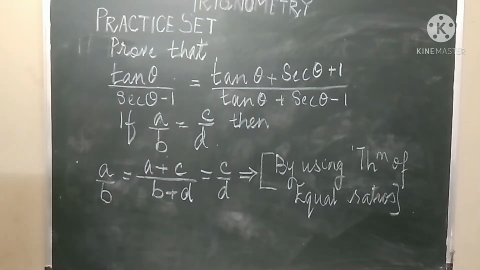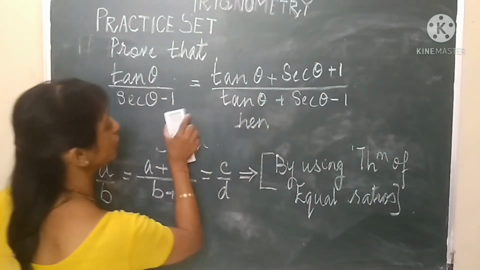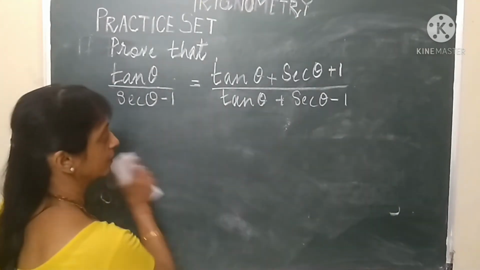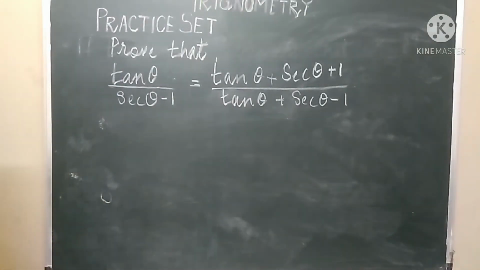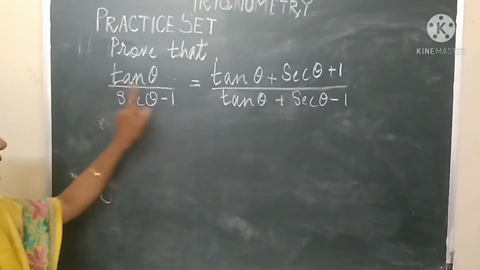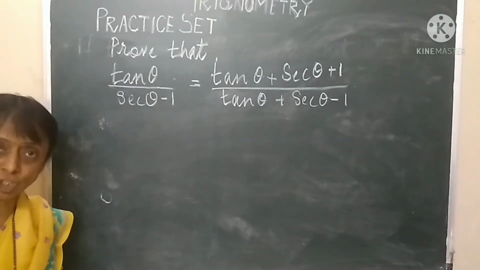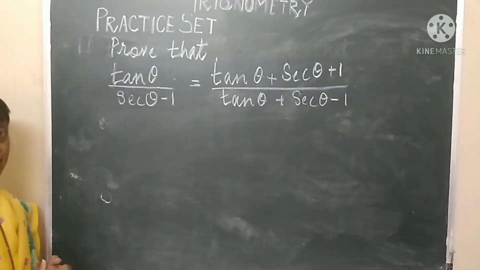For this, again, let's recall our trigonometric identity, where we have the relation of tan with sec. Do we have such a trigonometric identity which gives us the relation between tan and sec?